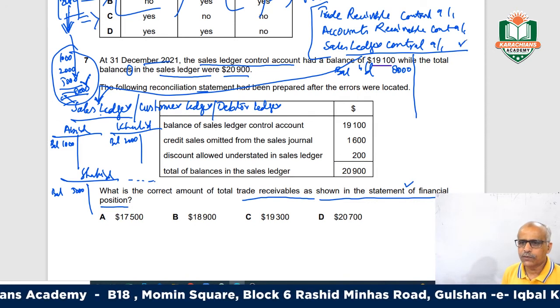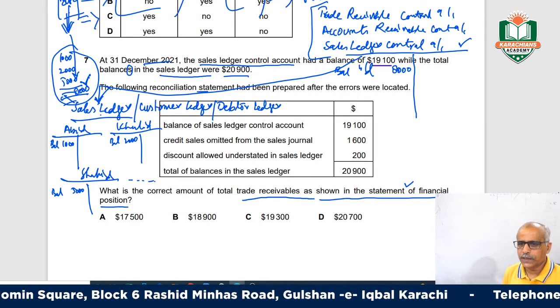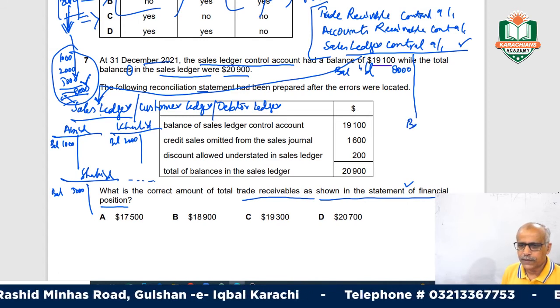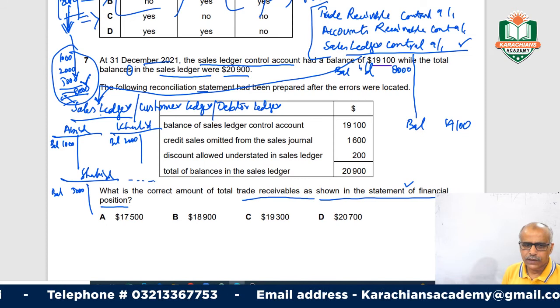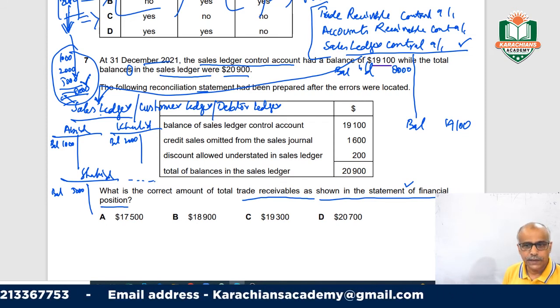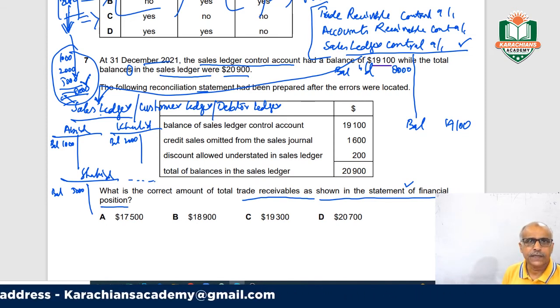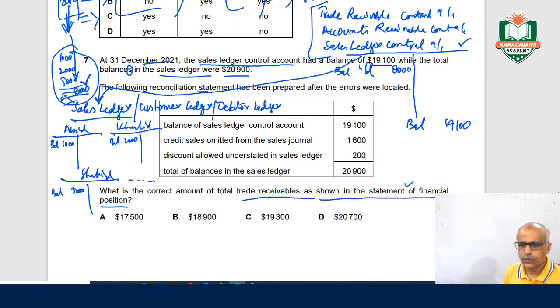You have to find out its correct balance. The opening balance is 19,100. So this credit sales was omitted in the sales ledger as well as in the general ledger, so you have to add it here.